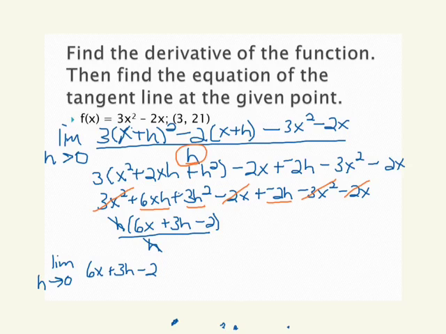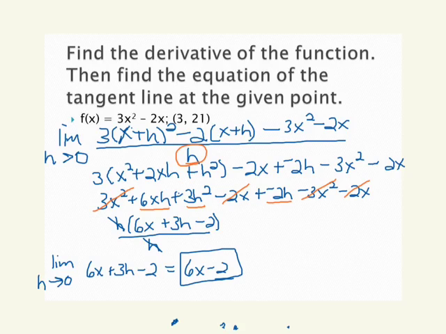So if I find that limit, pretty simple here, right? Plug 0 in for h, so the 3h term cancels out, and here's our derivative, 6x minus 2. So that's our derivative of our function.